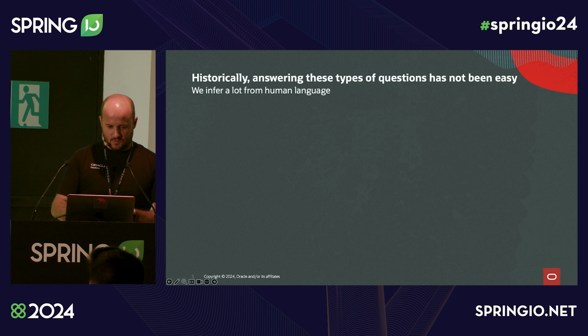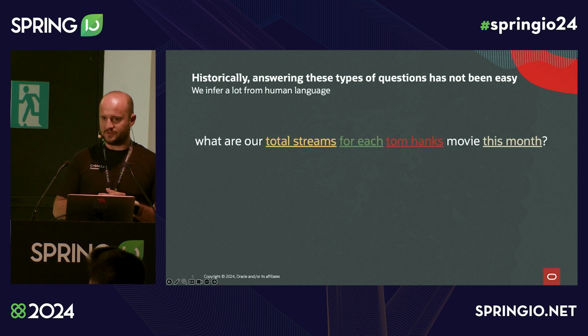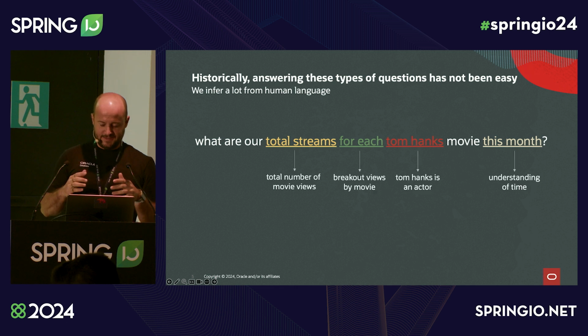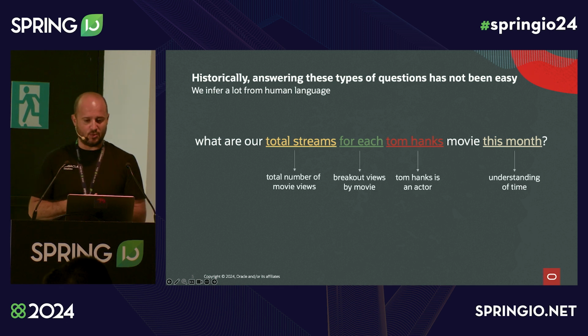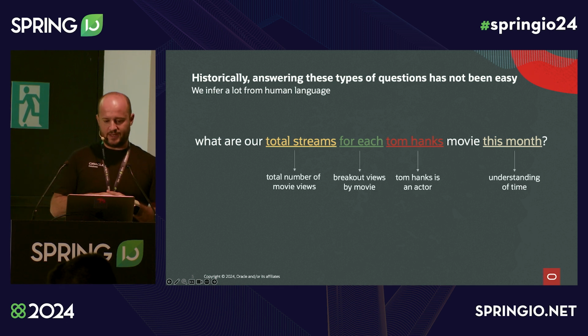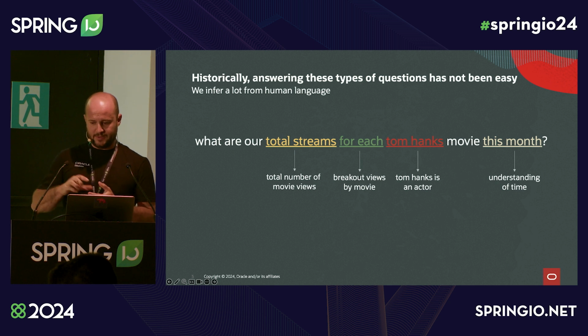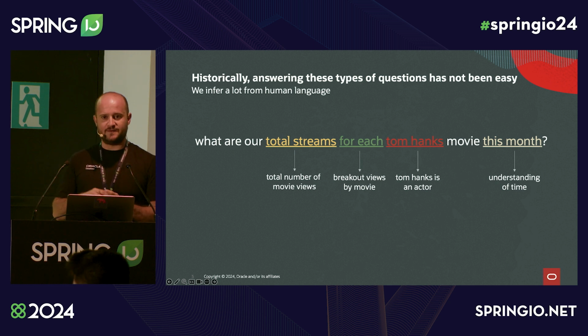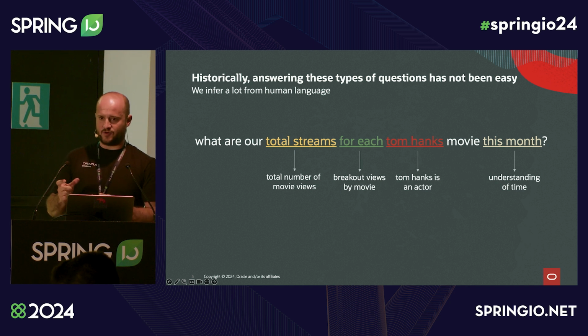Historically, answering questions like this will take a little bit of time. It's not simple for a computer to understand that we are talking about views for a movie, that we want to break the view by movies, that we are filtering by a specific actor, a time frame.